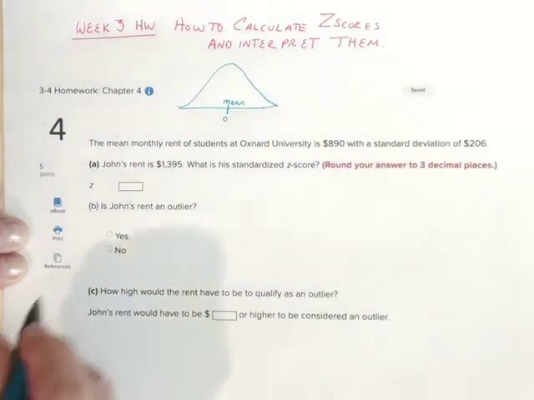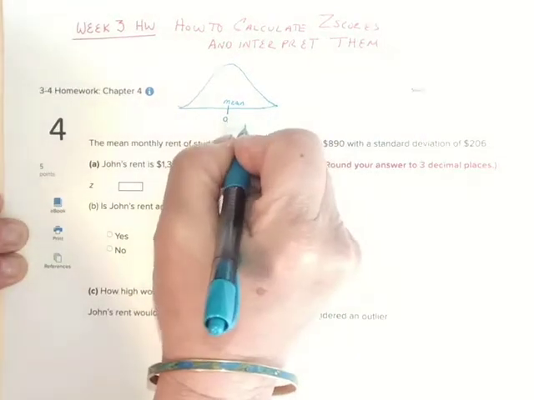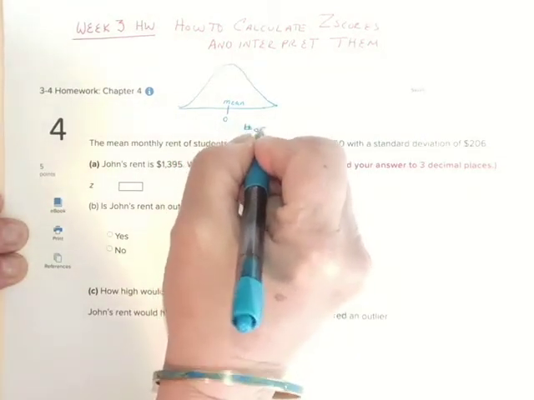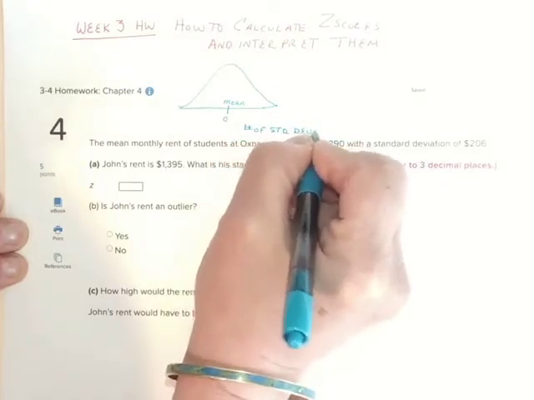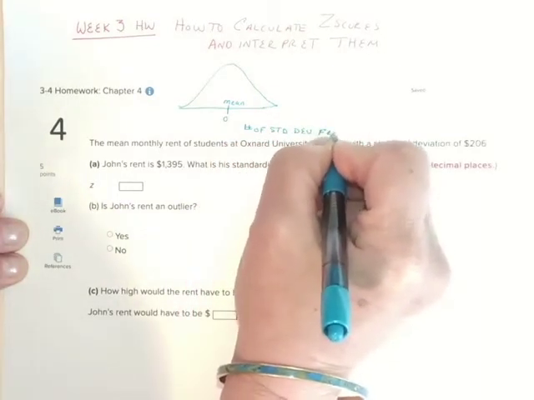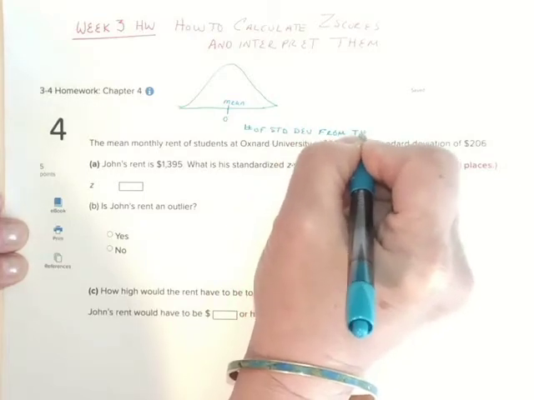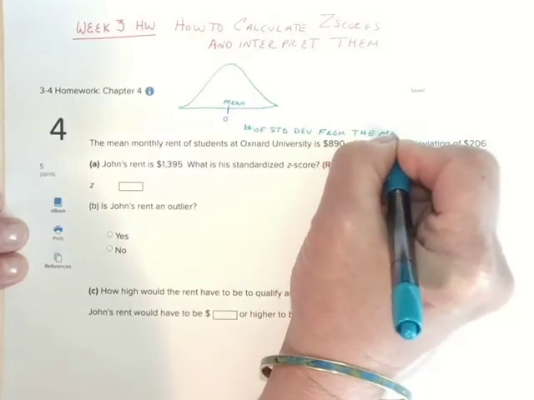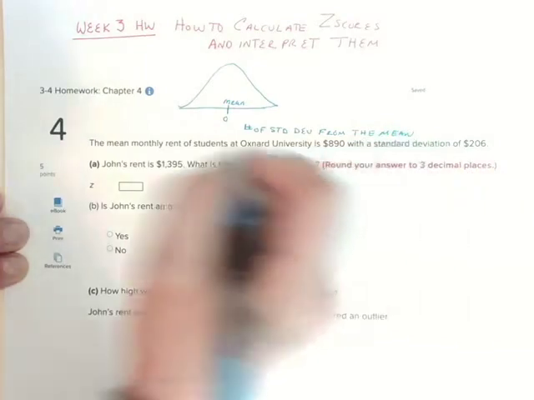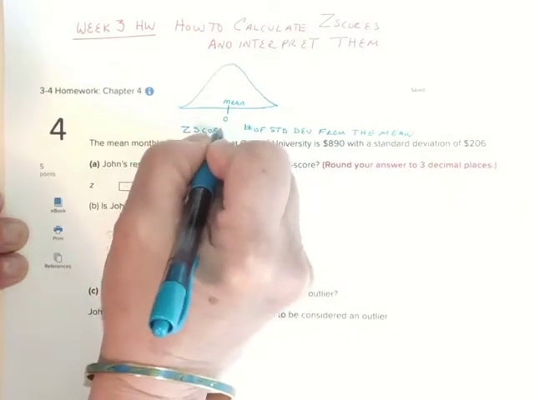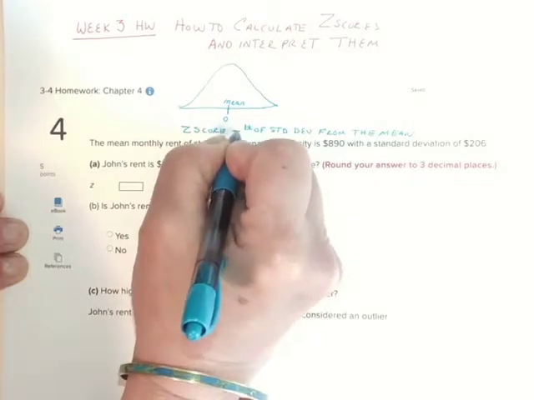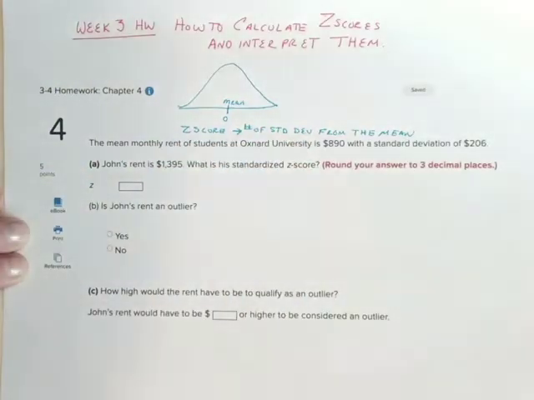A z-score is the number of standard deviations from the mean. So that is a z-score, the number of standard deviations it is from the mean.